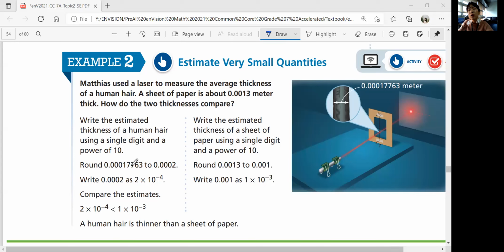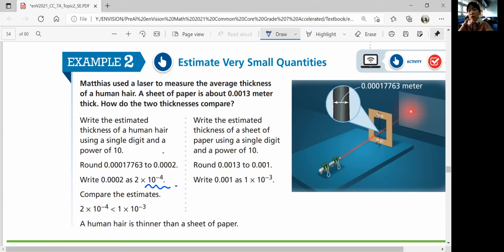But you also need to look at your next digit when rounding up. Is 7 closer to 2 or 1? 2. So then you are going to round it up to 0.0002. And you will write that as a power of 10 by using negative exponents.